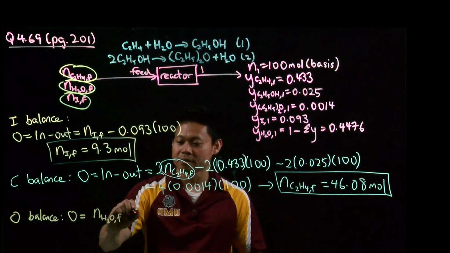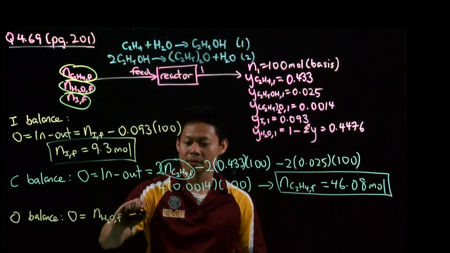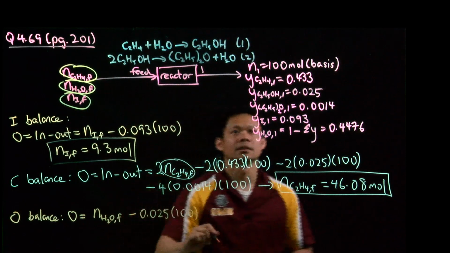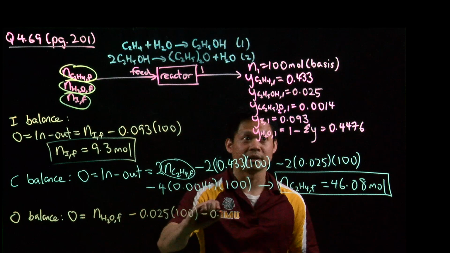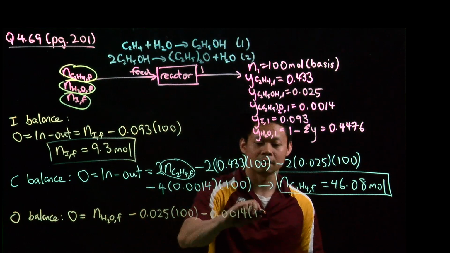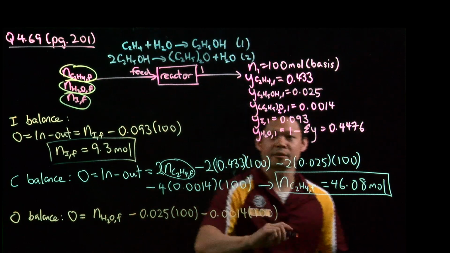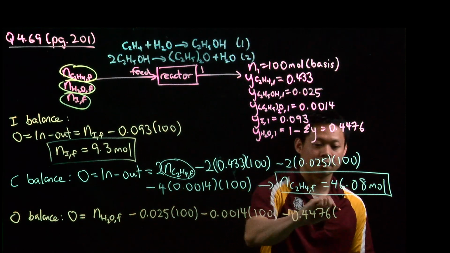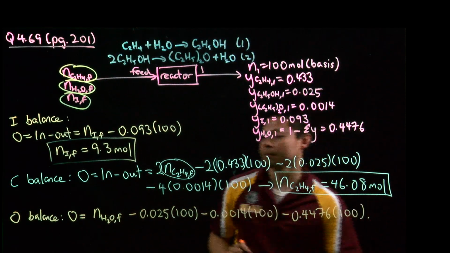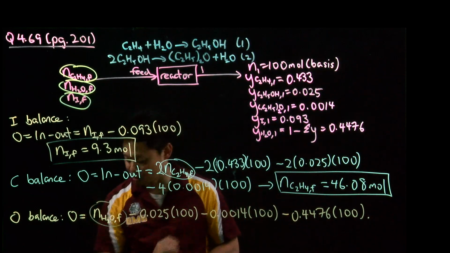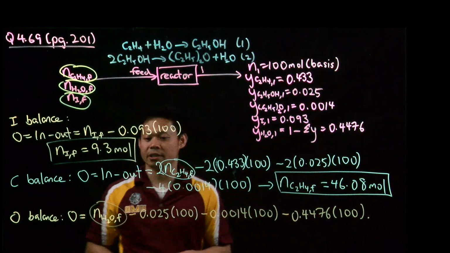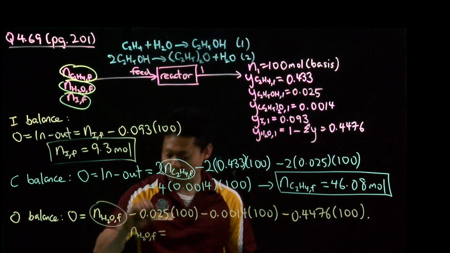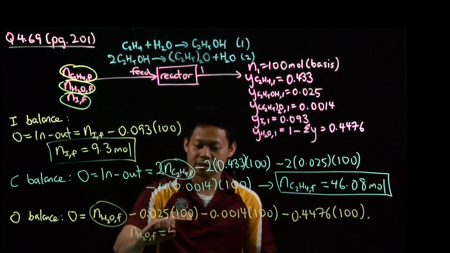And so I have this is my ethanol, I have my ether, and then I have my water. In this case, this is the unknown that I have left, and so I can solve for my moles of water, put it into your calculator.